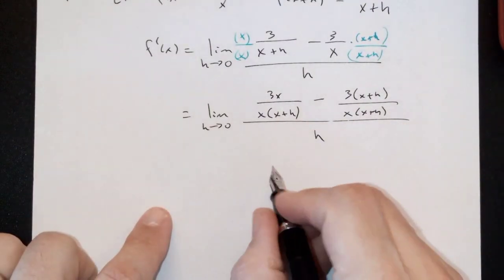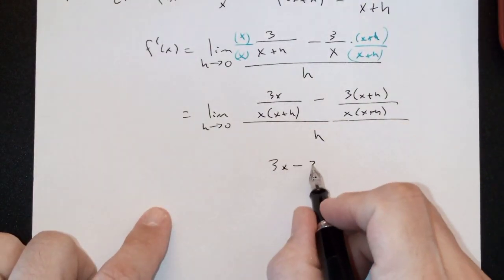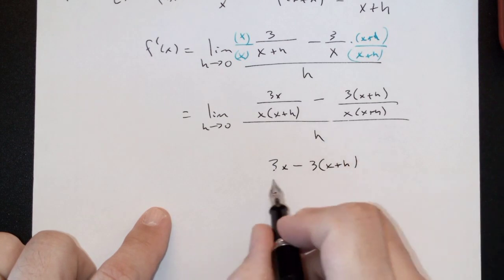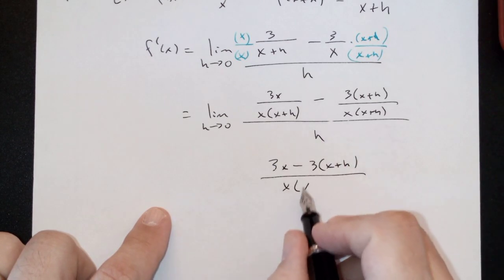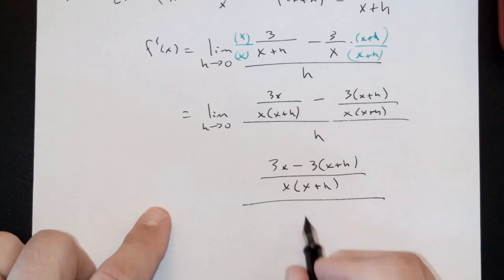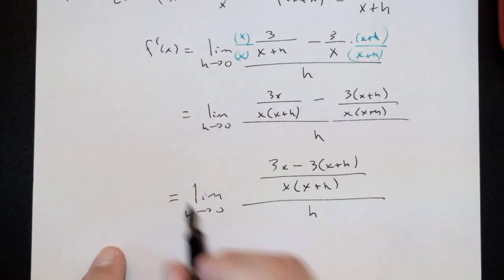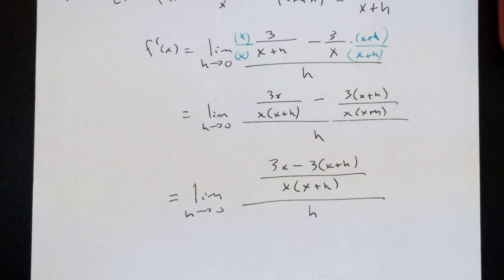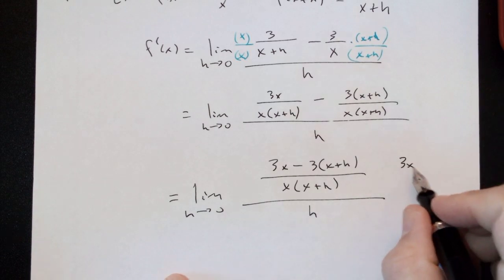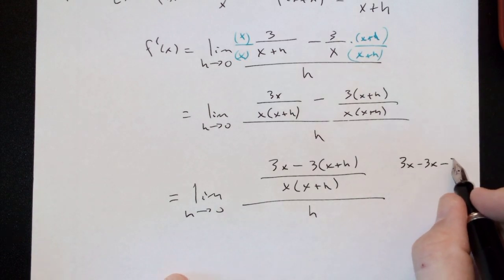And I get 3x minus 3 parentheses x plus h over x plus h all over h. Can't forget the limit as h goes to 0 out in front. What happens on top? I absolutely can. And that makes this 3x minus 3h.